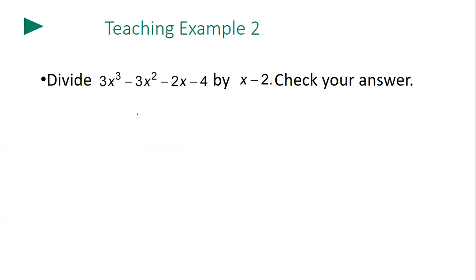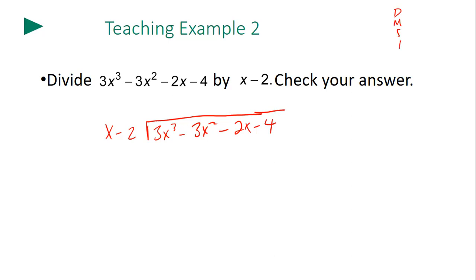My divisor goes on the outside, x minus 2. My dividend goes on the inside, 3x cubed minus 3x squared minus 2x minus 4. And we're going to follow divide, multiply, subtract, bring down. Does McDonald's sell burgers?